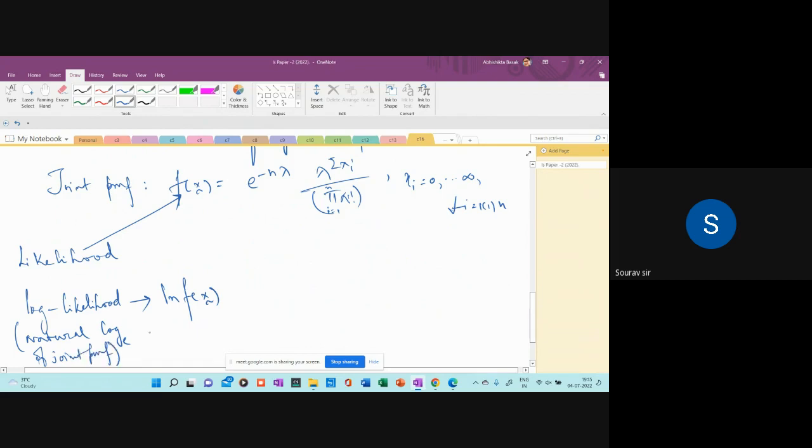That is log of e to the power minus n lambda, plus log of lambda to the power summation xi, minus log of the product of xi factorial.